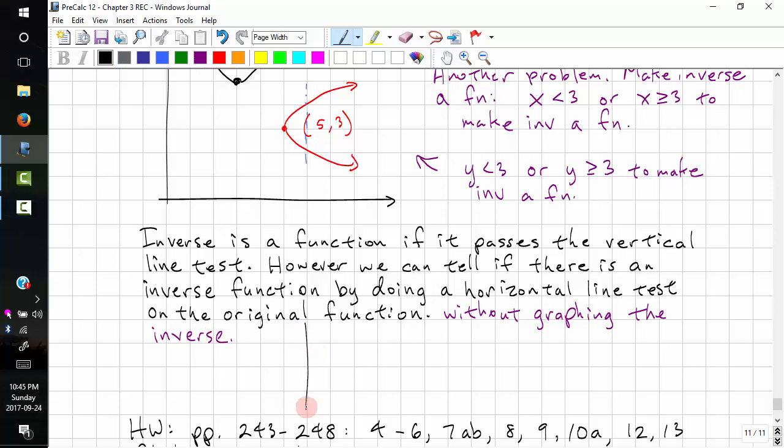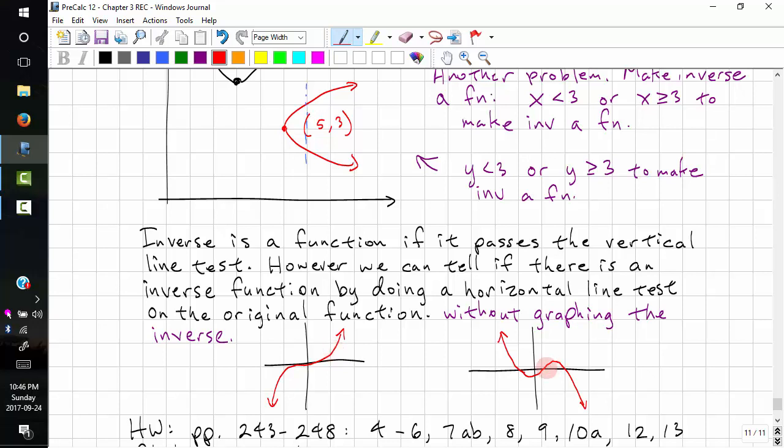So as a quick example, is the inverse of this a function?